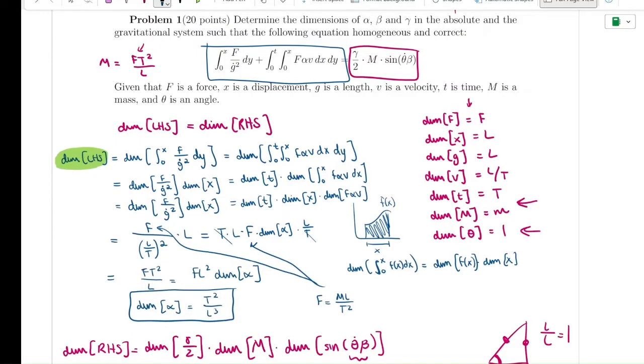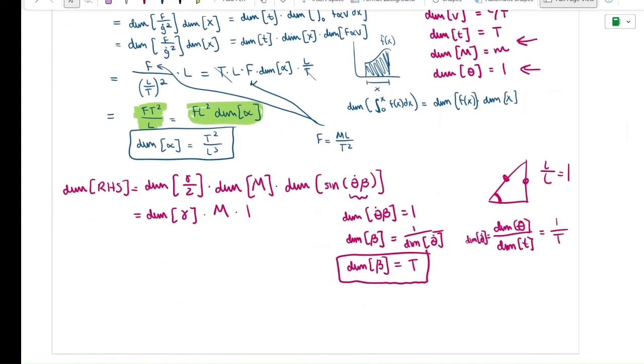So we found the dimension of the left-hand side is equal to ft squared over L, which is also equal to fL squared times the dimension of alpha. And now we also know that the dimension of the right-hand side is equal to the dimension of gamma times the mass, because the 1 doesn't do anything.